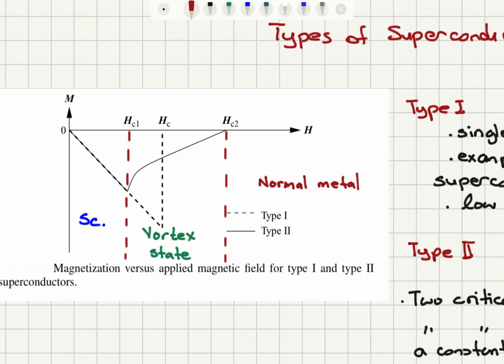For type 1 superconductor, on the other hand, here we have the superconducting state, and here we have the normal metal state above the critical field. Okay, so let me clarify that this is for type 2, and this is for type 1.